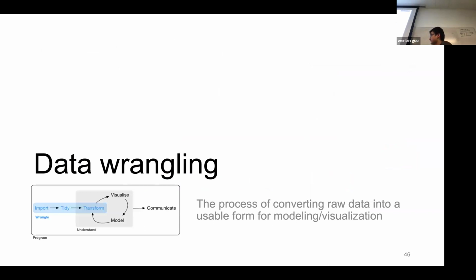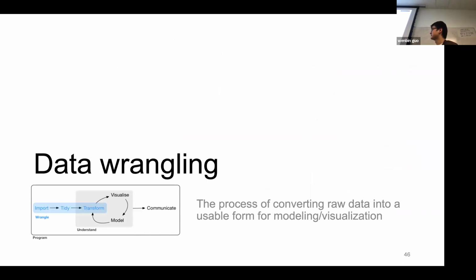The next part, after we know the library, is about data wrangling. So what is data wrangling? It's just the process of converting our raw data into a useful form for either visualization or modeling. Usually we are comfortable with tabular data, like a data frame.